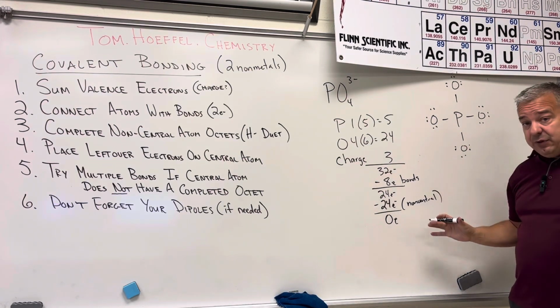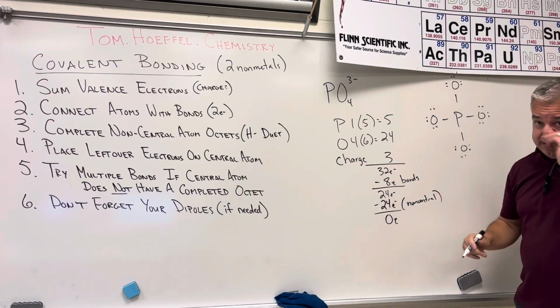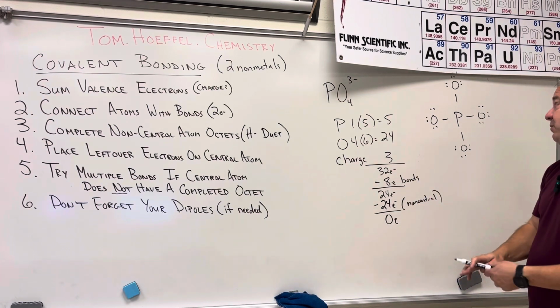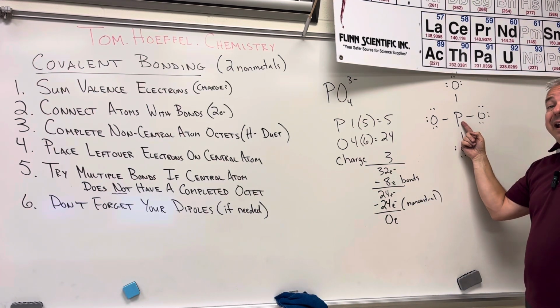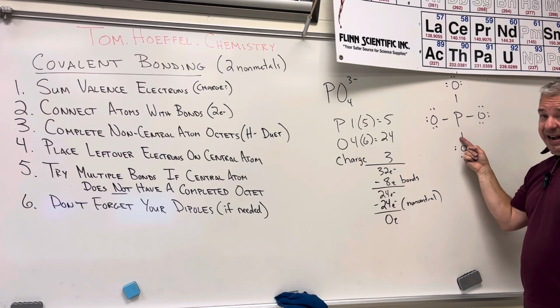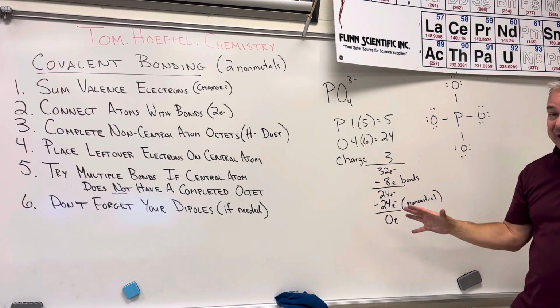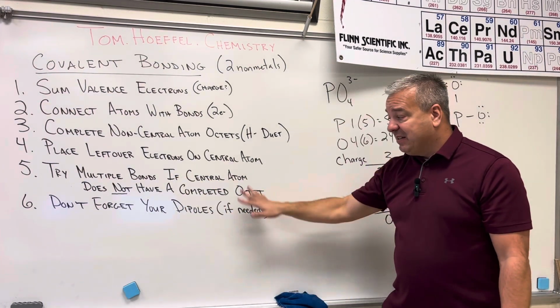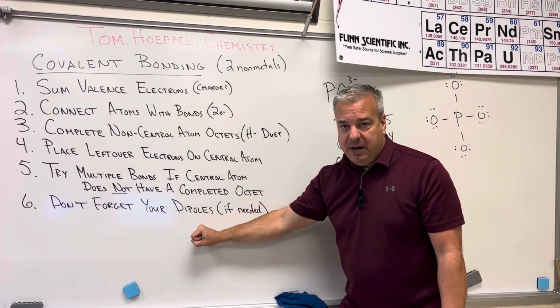So there's none left over to place on my central atom. It's like, uh-oh, there might be an issue. But there's not, because when I look at the central atom, it has a completed octet, 2, 4, 6, 8 electrons. So it kind of just worked out again. Now, I don't have to try multiple bonds because I have a completed octet, but I can't forget my dipoles.